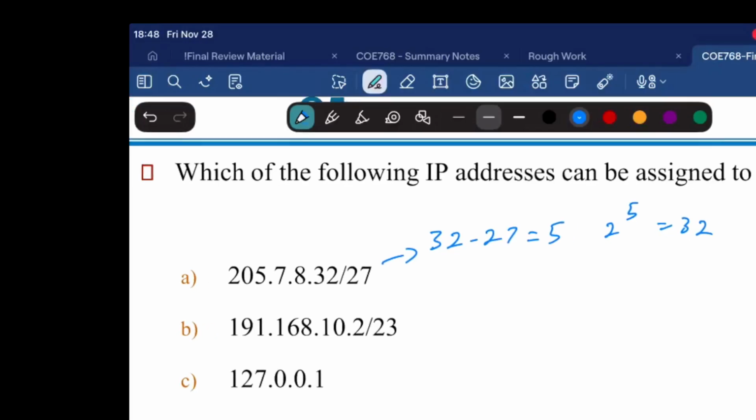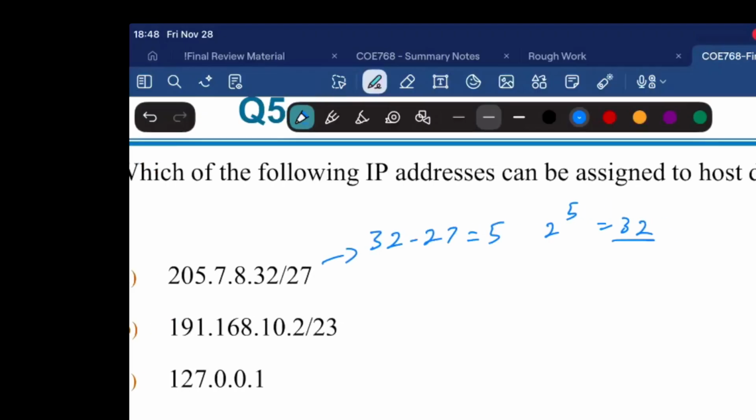And since we get 32 addresses, this subnet would be a network address for the range, because you know that when we have 32, the range is actually less than 32. So the last octet can range from 0 to 31 for the first subnet within that subnet mask.